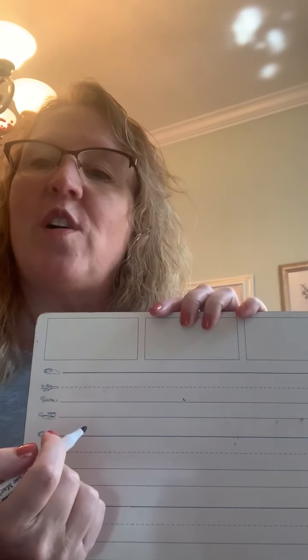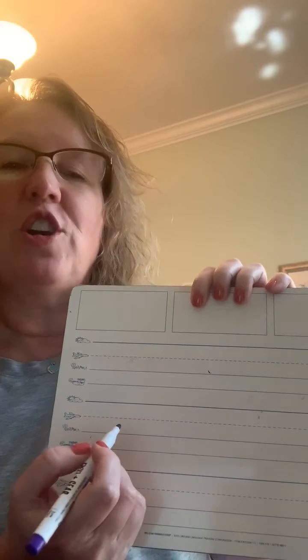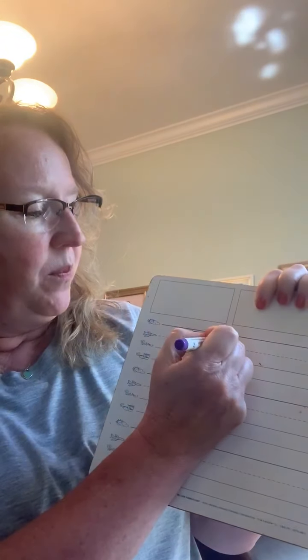Now, if I look back at the problem in my book, it's got some lines there. It's got some pencils. So I want to fill it out. I'm going to fill out that first one on the left, the first number sentence. How many pencils does Joe pick up? 7. So I'm going to put that in there.